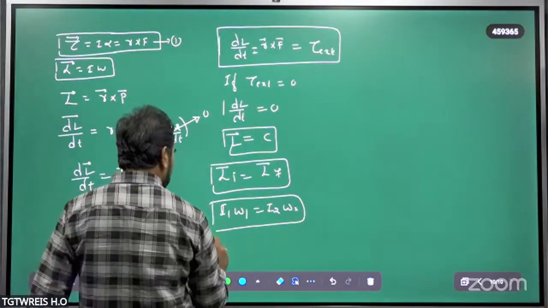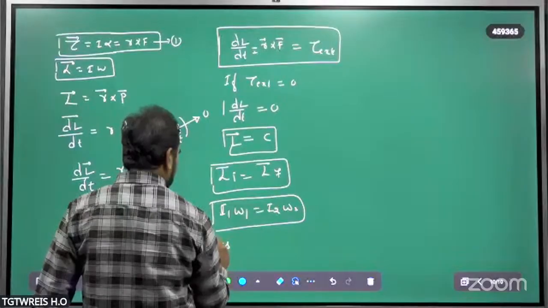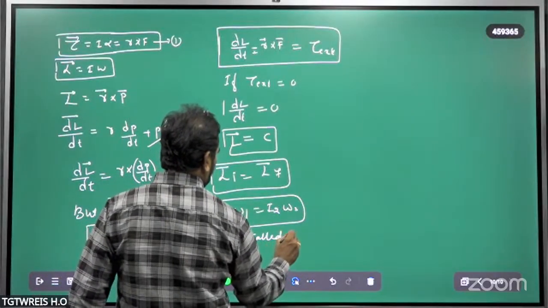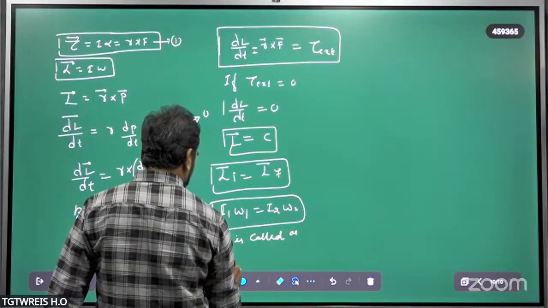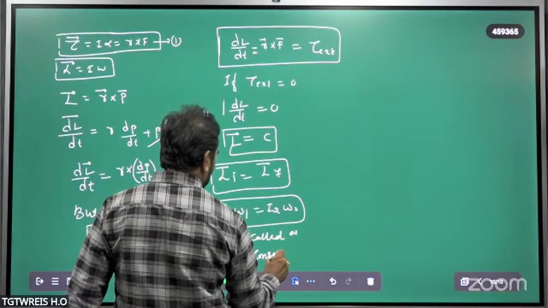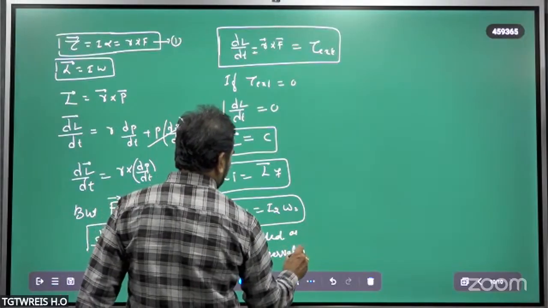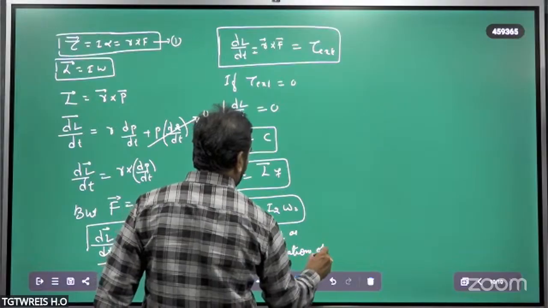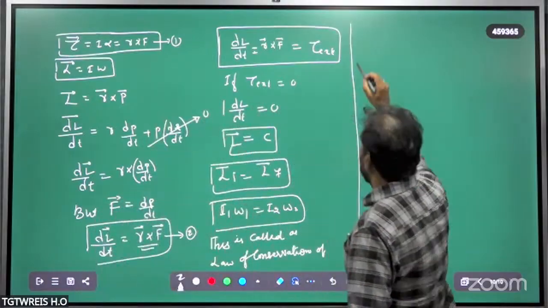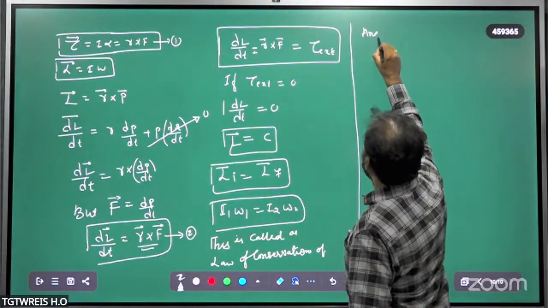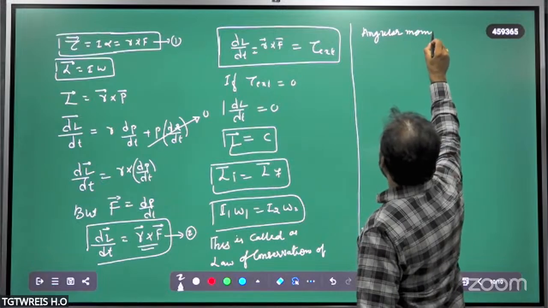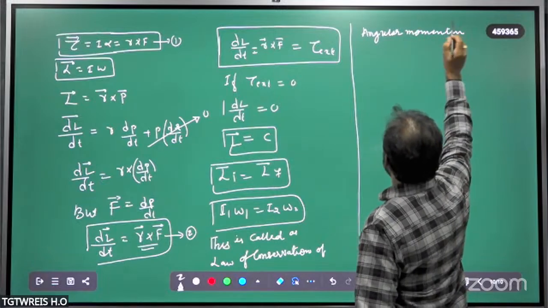This is called the law of conservation of angular momentum.